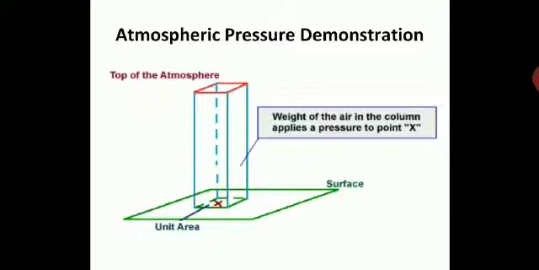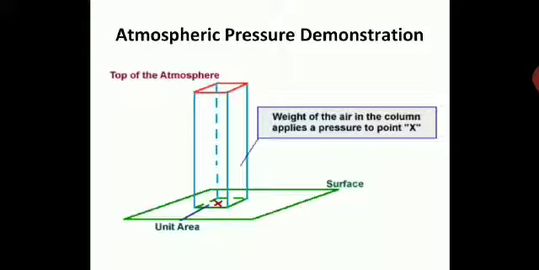Atmospheric pressure demonstration. Here you just take a cuboidal, tall cylinder, and if you consider the top part of the cylinder as the top of the atmosphere, you will see the unit area at the bottom, the surface on which you are keeping the cylinder, and the weight of the air in the column applies a pressure to the point X. You can see the point X where the weight of the air will be applied.